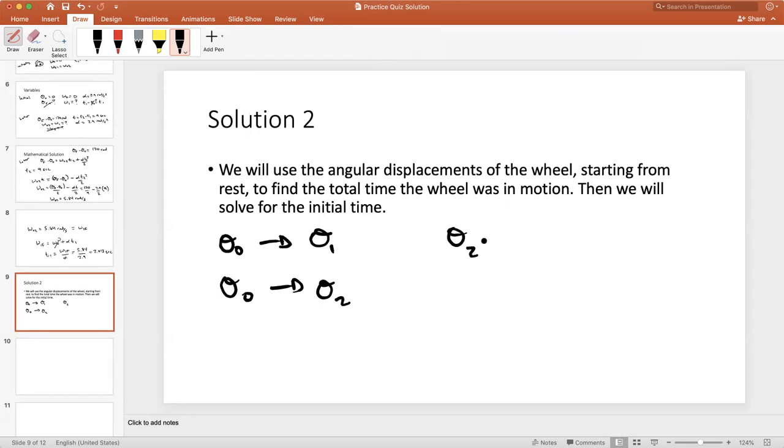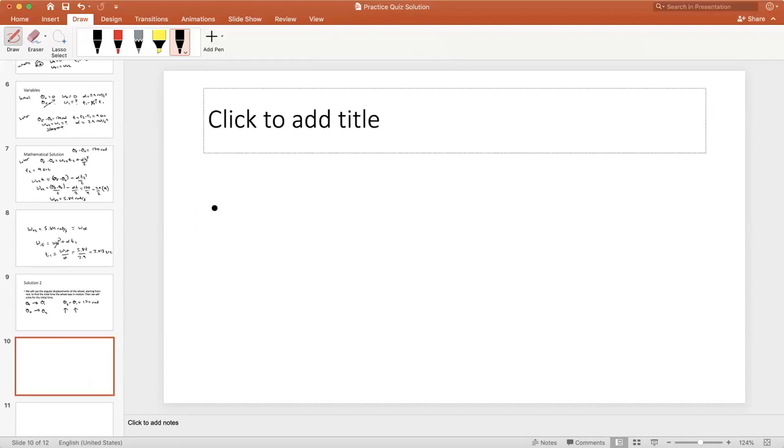And we're going to use the fact that our final angle minus our initial angle was equal to 170 rads. So what our strategy really is here is we need to come up with an equation to describe theta 2 and theta 1, plug them into this equation and solve it for the time. And we'll see how that works. So let's get our variables.